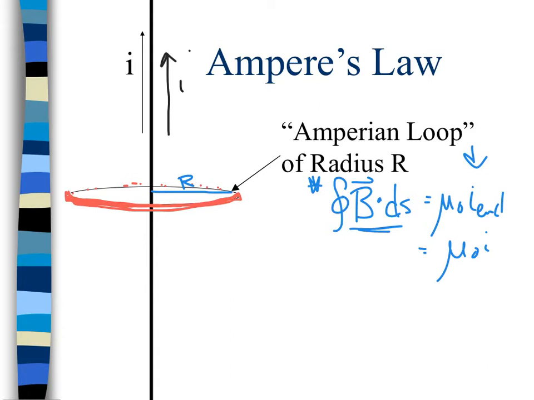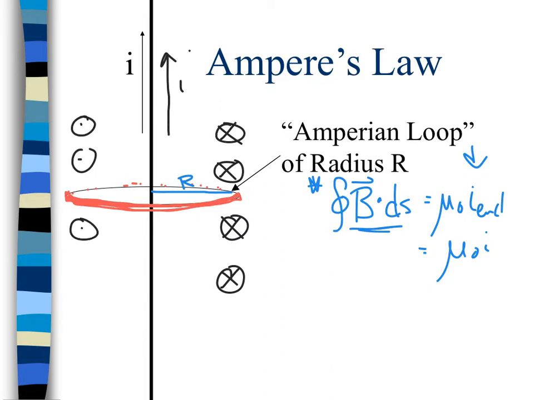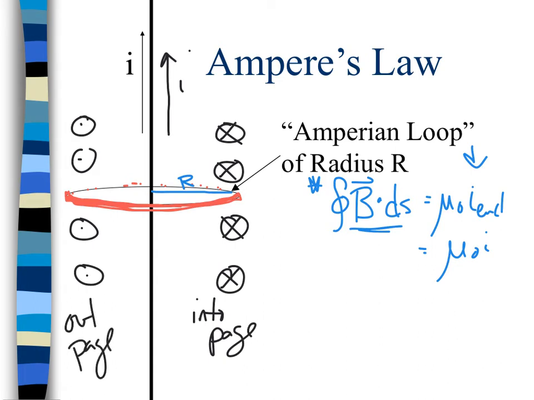What you should find is that on the right side of the wire, your fingertips are pointing into the page, or into the board. When your fingertips are on the left side of that wire, they're pointing outward towards you. So in the plane of the page, the magnetic field generated by this current carrying wire goes into the page on the right side and out of the page on the left side.